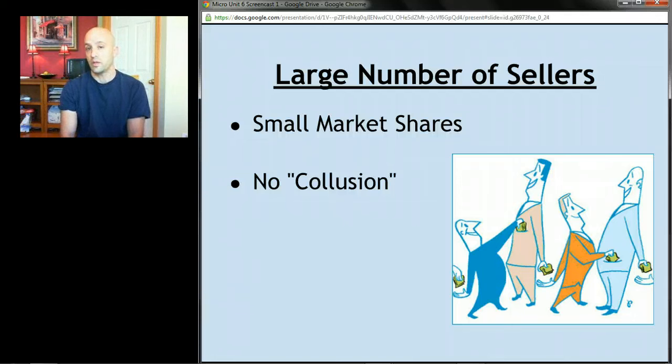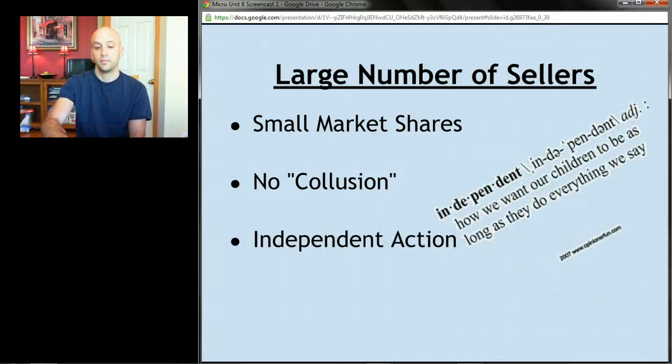Remember, collusion means agreement among firms to kind of try to profit maximize together. Maybe an agreement on what price they're going to charge, or an agreement on what quantity they're going to produce. Since there's so many firms and each one has a relatively small market share, it's really hard for them to get together and form any agreements that are going to last.